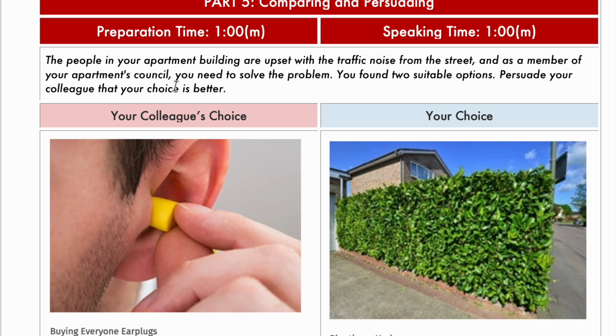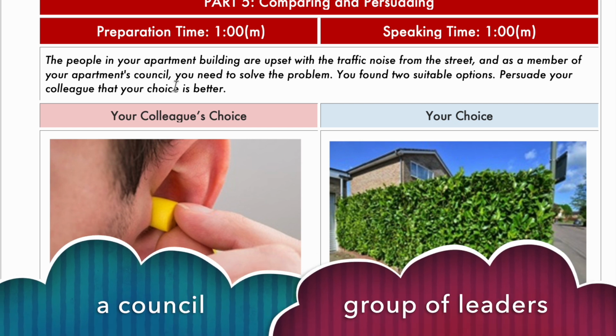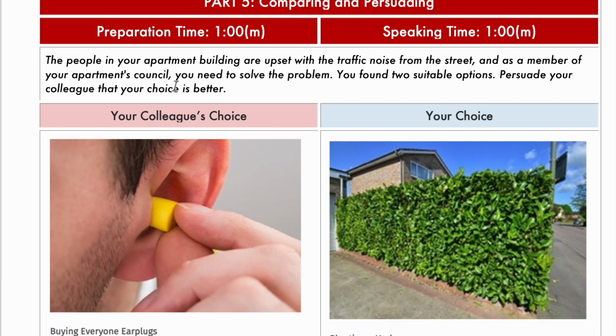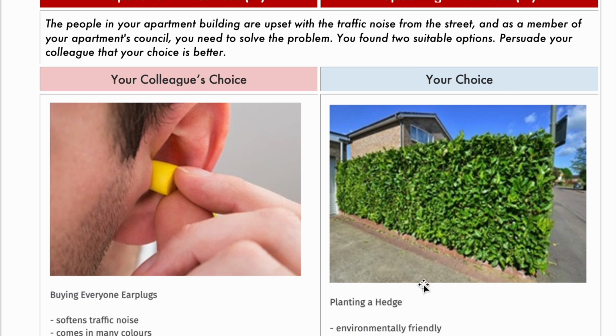They have a group of people who are the leaders. That's the council. The council is the group leaders. You need to solve the problem. So because you are part of the council, you need to solve the problem, okay? So let's remember we had two suitable options and we chose this one, planting a hedge, okay?